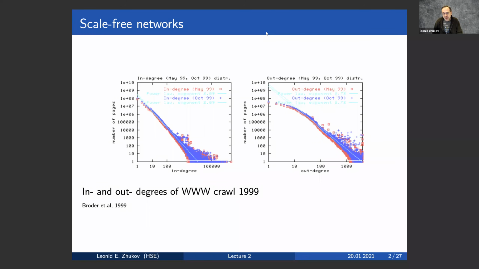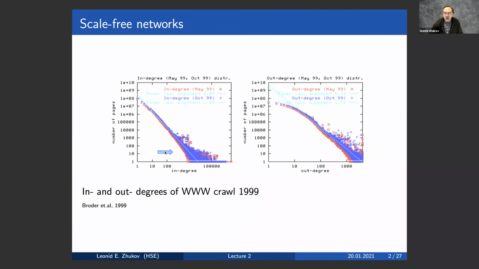And then, to the big surprise of the researchers, they found out that if you plot the number of pages as a function of in-degree or as a function of out-degree, all of a sudden, instead of having that Poisson type of distribution, you'll be having this kind of picture.